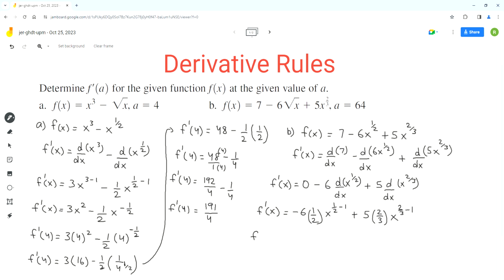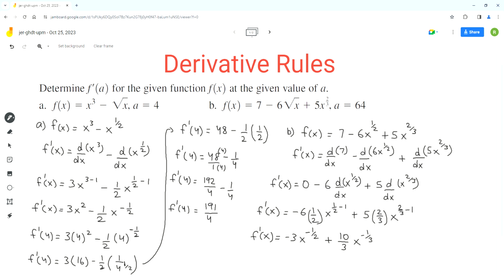Now we can simplify this expression further. Prime of f at x, so negative 6 times half is equal to negative 3, and now the coefficient of the x is negative 1 over 2. So half minus 1 is negative half, and then plus. Now in the second term, we have to multiply 5 by 2 over 3, which is 10 over 3, and then x, and now here the exponent is negative 1 over 3, because 2 over 3 minus 1 is negative 1 over 3.